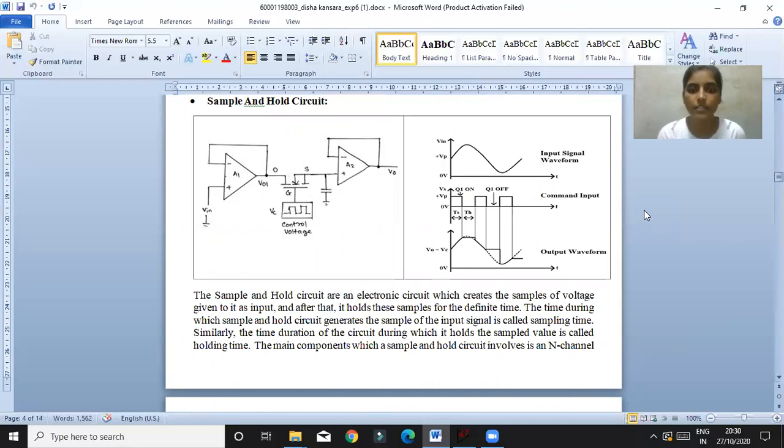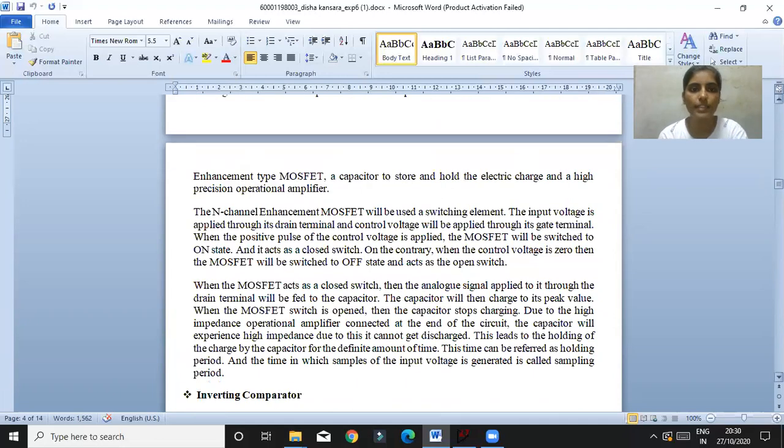The time during which the circuit generates the sample of the input signal is called the sampling time, and the time duration during which it holds the sampled value is called the holding time. The main component of the sample and hold circuit is the n-channel enhancement type MOSFET.